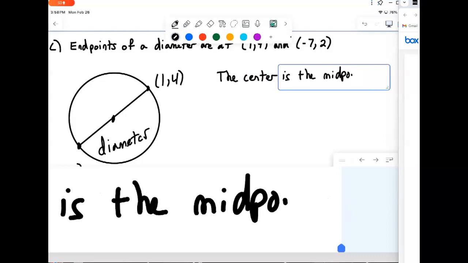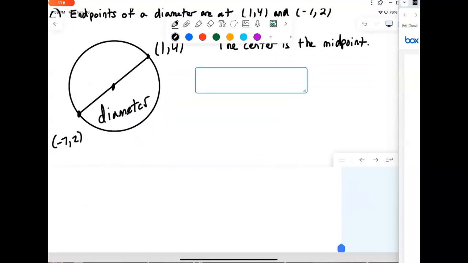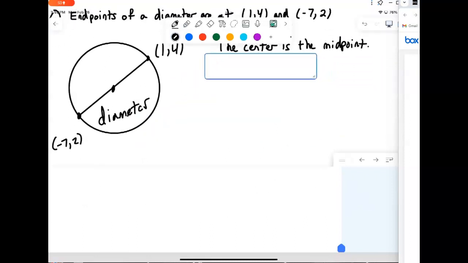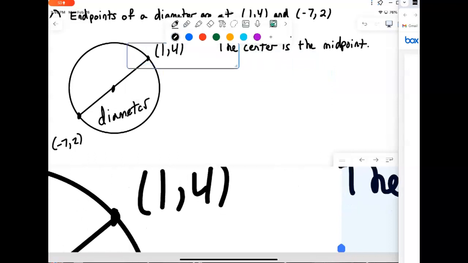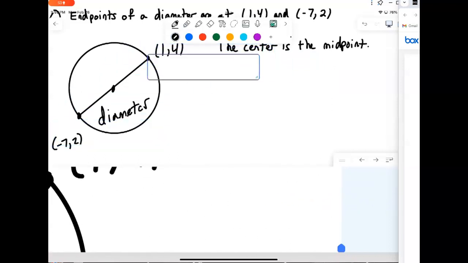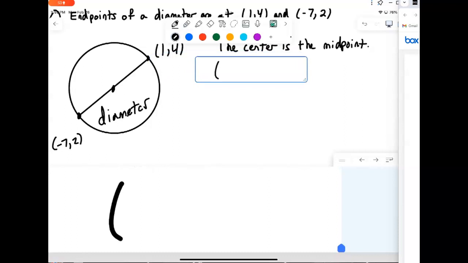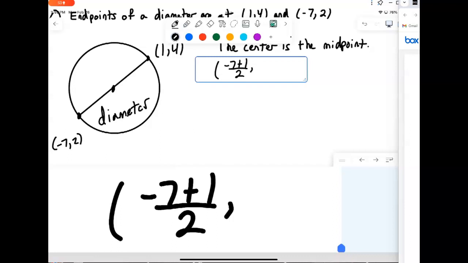So to find the center of our circle, we just find the midpoint. Now there's a formula, or you can just remember the shorter way of doing it, and that is just to average your values. Average your x values: negative 7 plus 1 over 2. And average your y values: 2 plus 4 over 2.